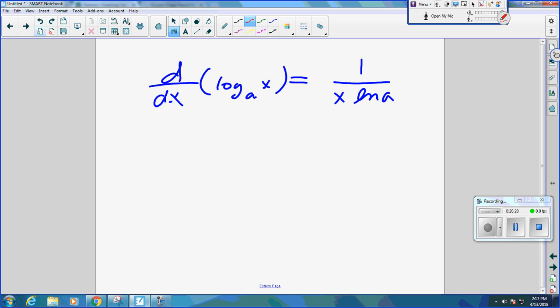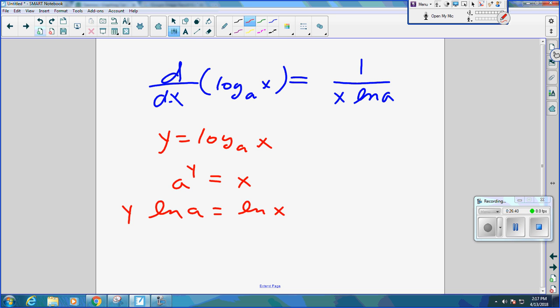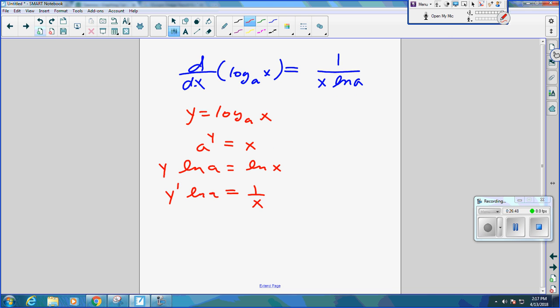I derive this every single time too, because everyone, could you say this? Does that make sense, everybody? And then could I say this? And then I take the ln of both sides, and I'm going to drop the y right away. And now if I take the derivative of both sides, derivative of y is y prime, ln a is a constant, derivative of ln x is 1 over x, and you can see that y prime is 1 over x ln a.